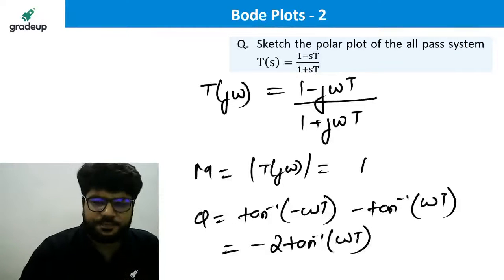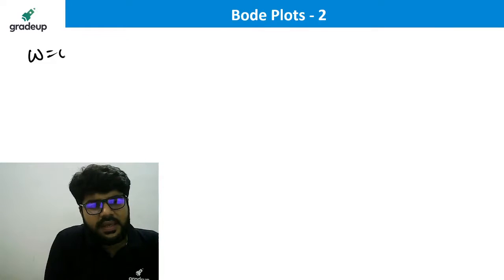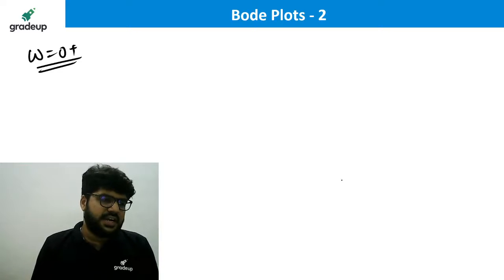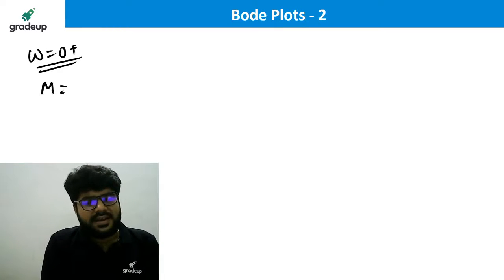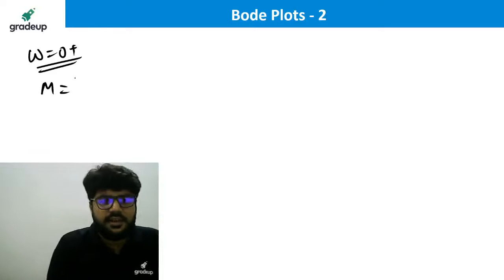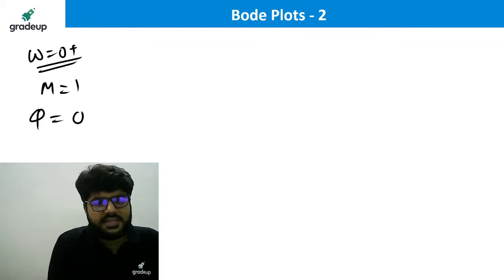Yes, correct, Anjana. At omega equal to 0 plus, I am calculating the starting frequency separately. No need for starting and diving angle here because the magnitude will be finite. There will not be any diving into the origin. Magnitude is constant 1, phase will be 0 degree.